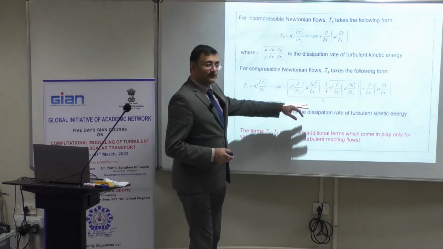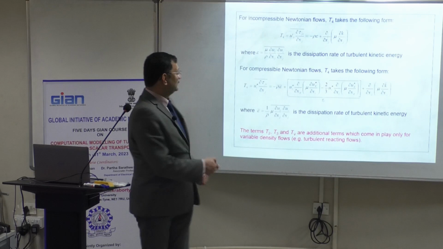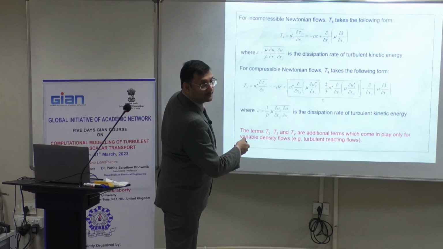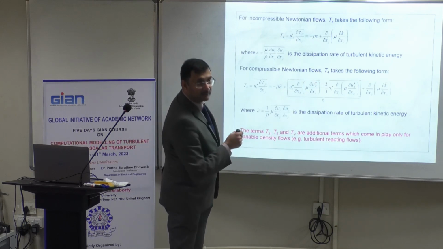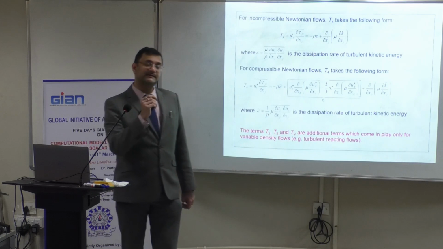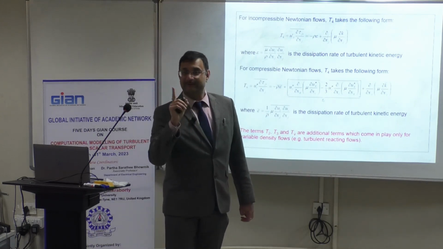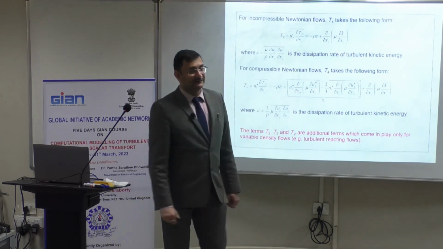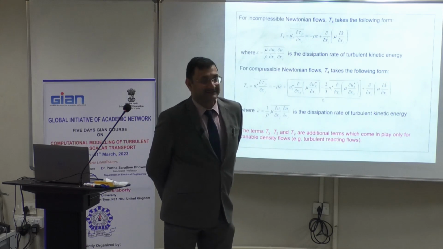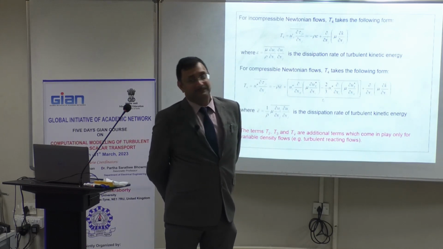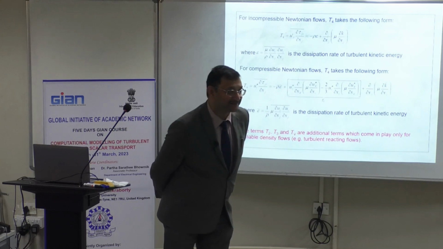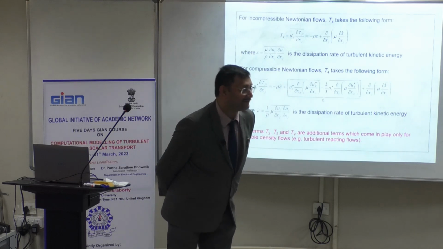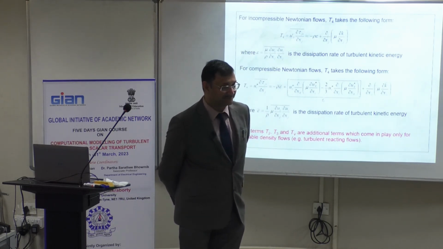Again, this extra term goes away in the case of incompressible flow, because look at this. Here you have a fluctuating component of u_k. For a moment, mentally consider as if instead of having the two double primes, you have a single prime. If you take the derivative of that, you will get exactly ∂u_k'/∂x_k, which is the divergence of the fluctuating velocity component, which is 0 in the context of Reynolds decomposition.